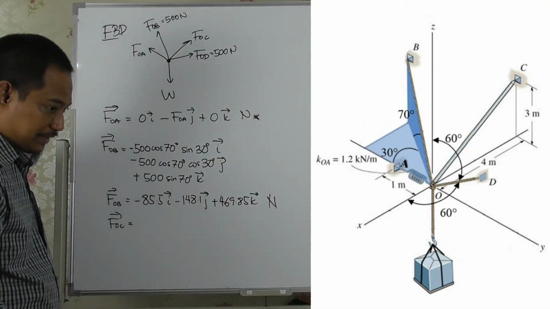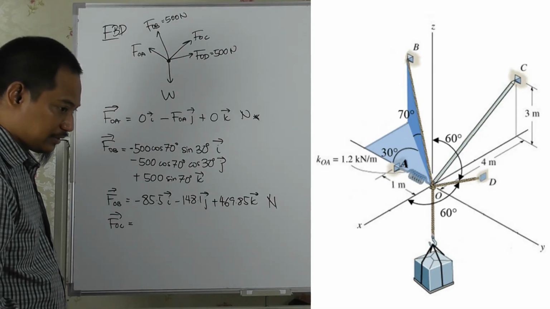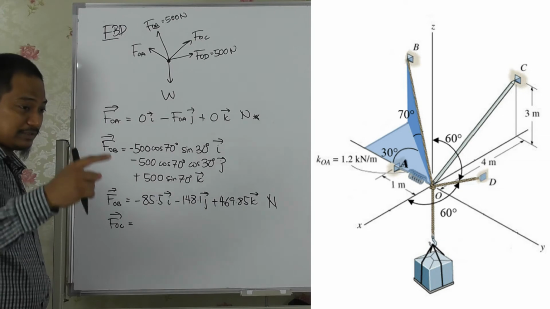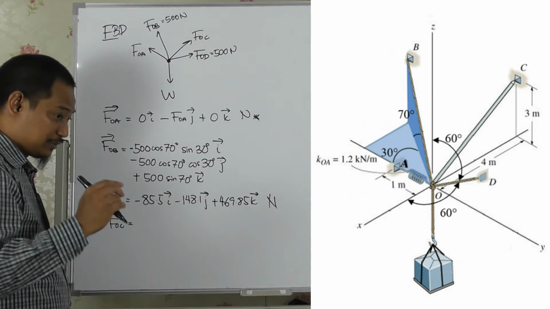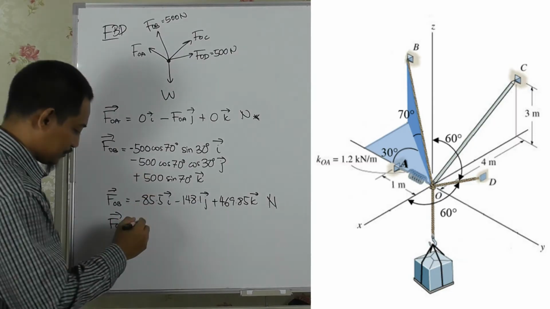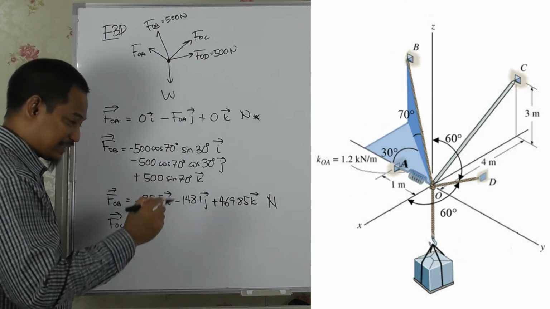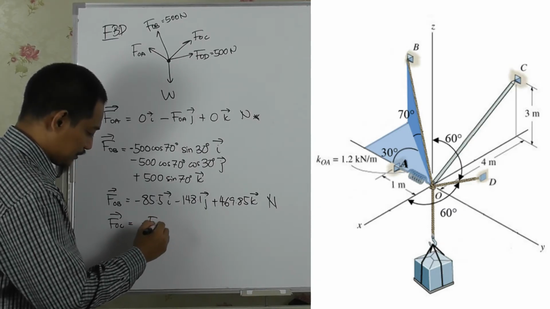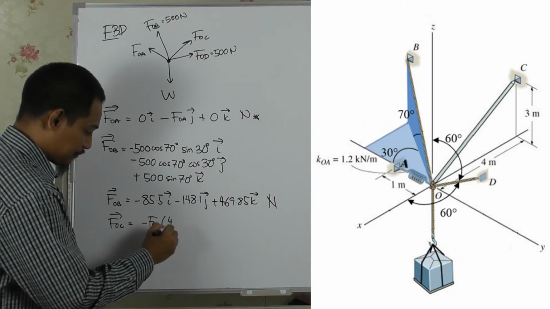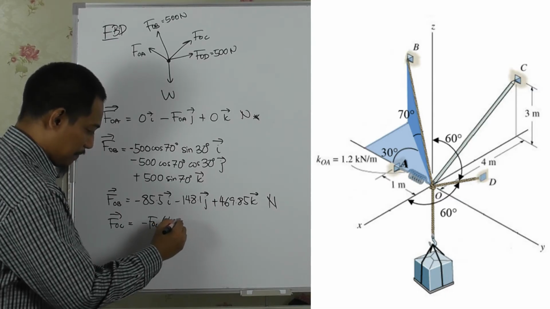For FOC, you do not know the value, but you know the triangle. So you have the 3, 4, 5 triangle there, if you can see the diagram. The x component is negative, so negative FOC 4/5 i.